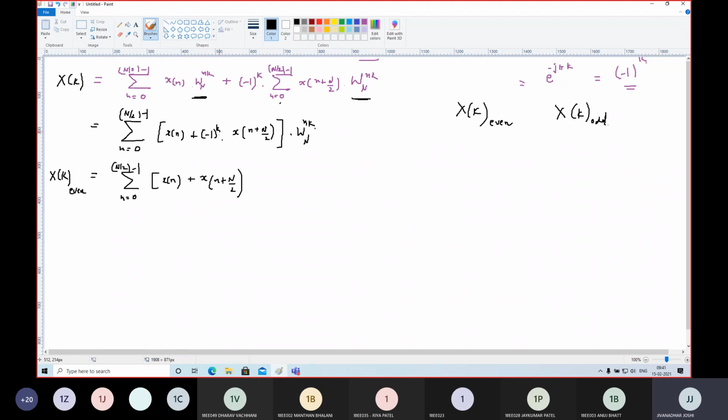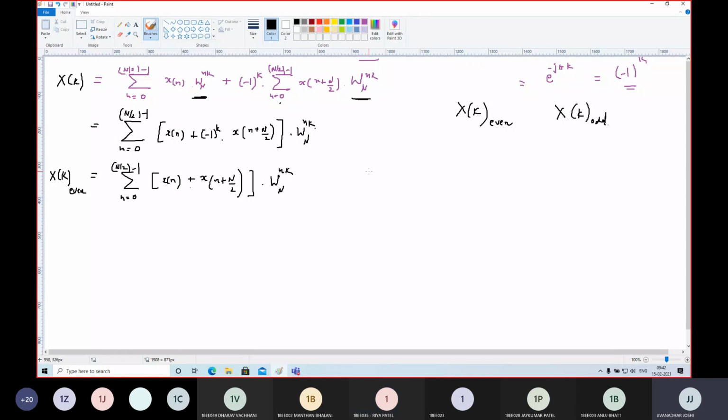Minus 1 raised to 2, minus 1 raised to 4, minus 1 raised to 0 is 1. That's why over here I have a plus sign. Is it correct? Yes, sir.